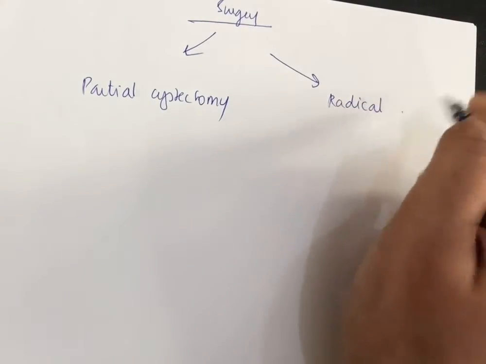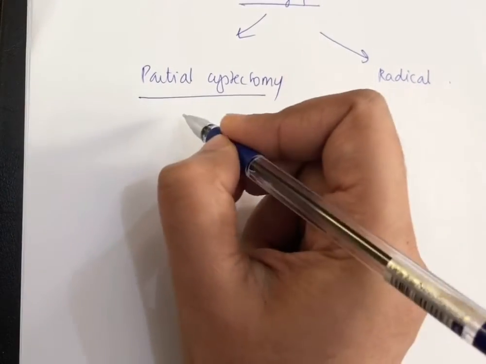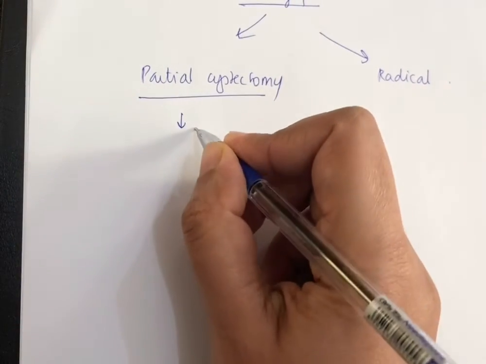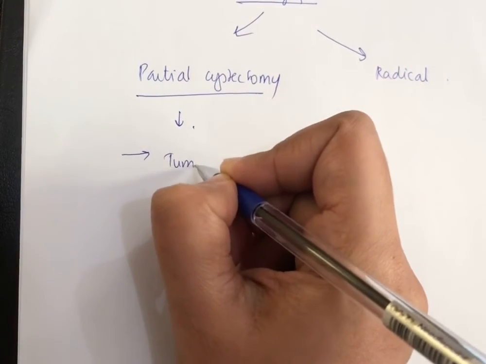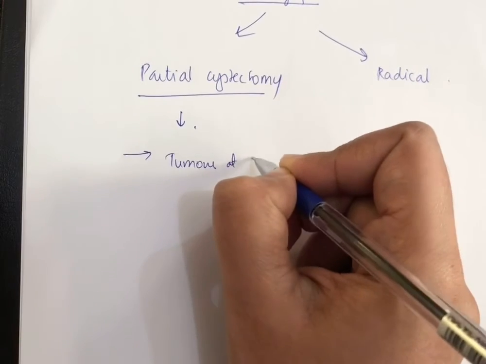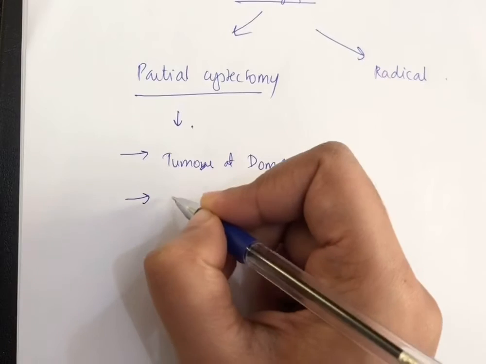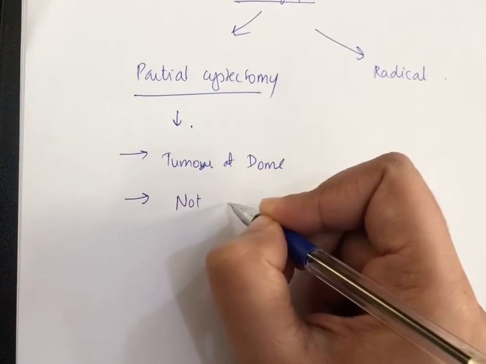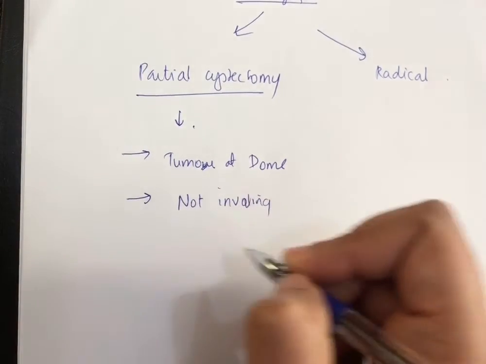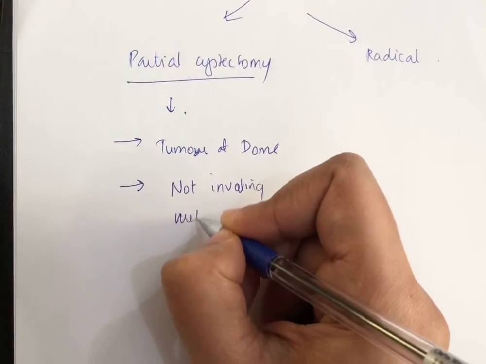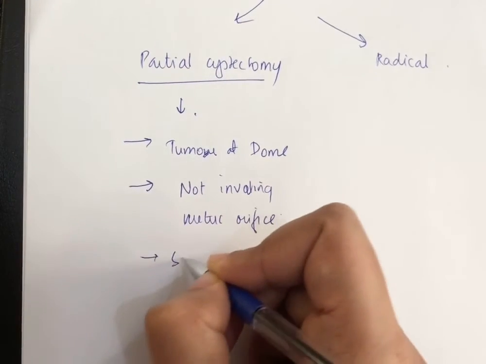What is partial? Partial is if it does not involve the ureteric orifice. So here the tumor is at the dome, and it does not involve the ureteric orifice. And here it is a solitary lesion.